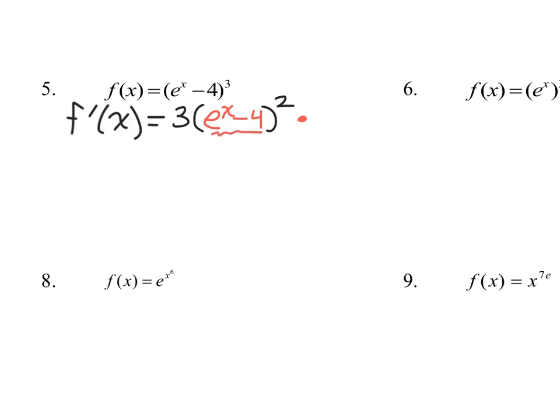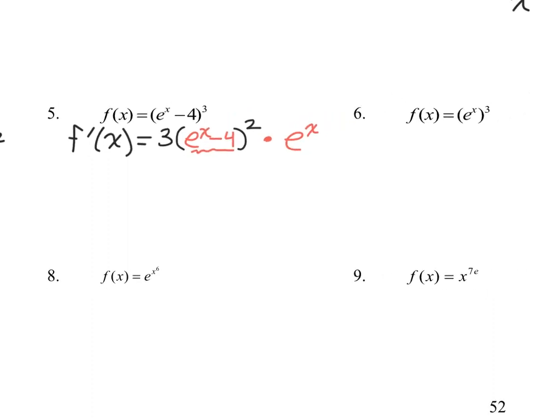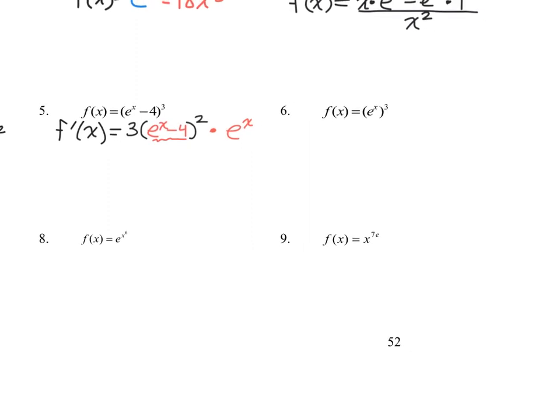What is the derivative of e to the x minus 4? e to the x. That was nice. It looked like it would be more complicated than maybe the quotient rule, but I thought it was maybe easier, maybe on par.